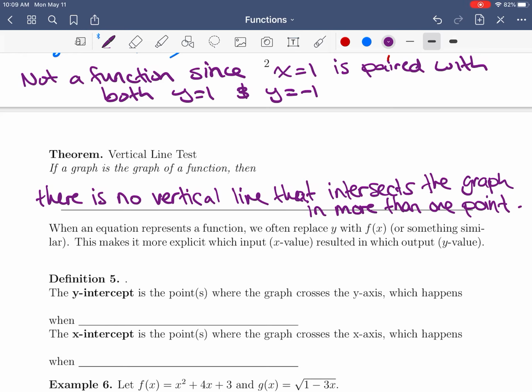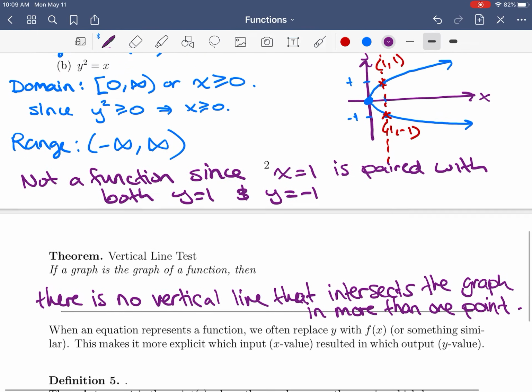Okay, so you could intersect one time, you could intersect no times, but there's no vertical line that hits the graph more than one time, so 2 or more times.